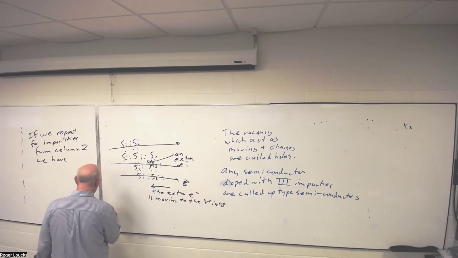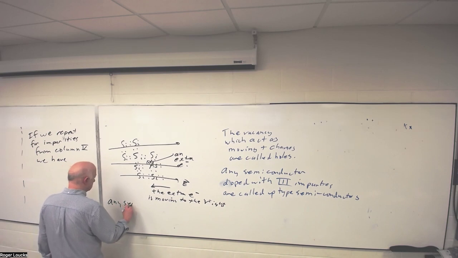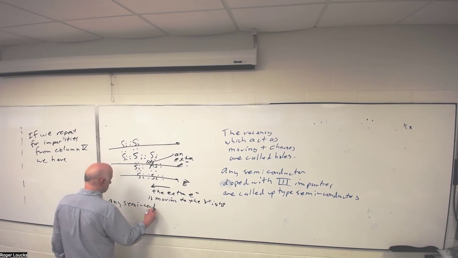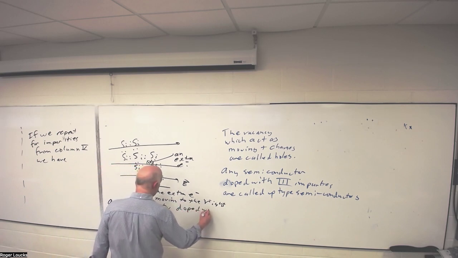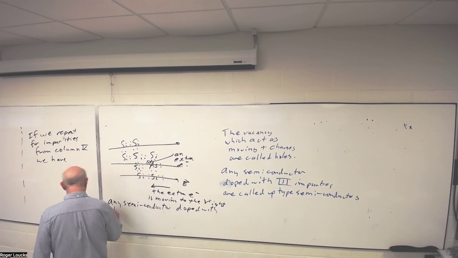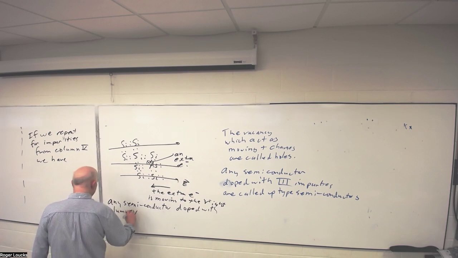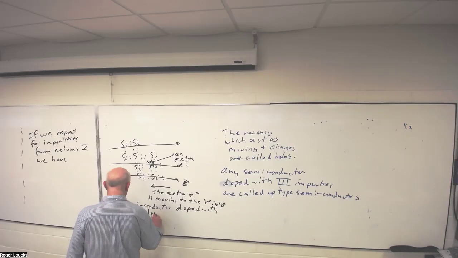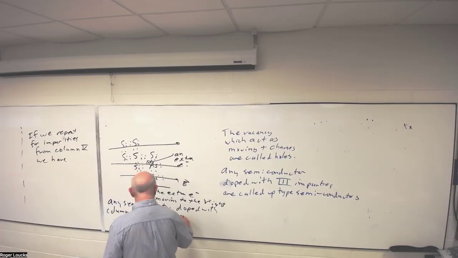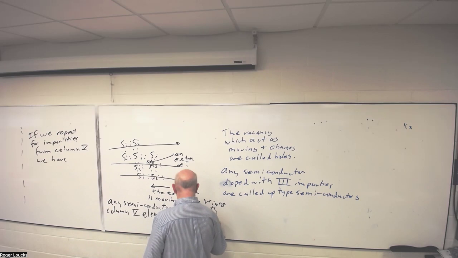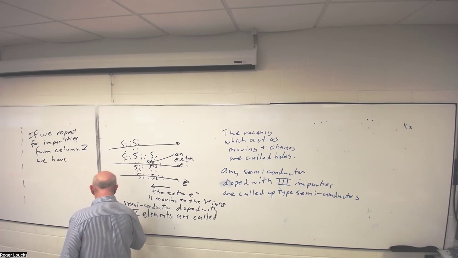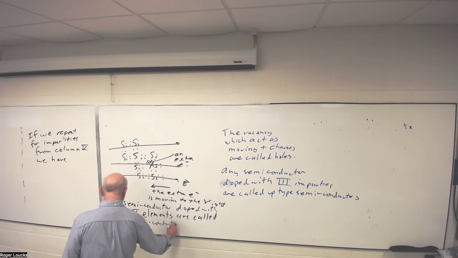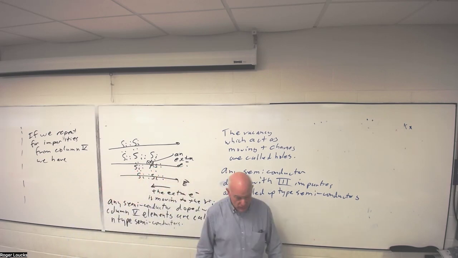So any semiconductor doped with column 5 elements is called an n-type semiconductor. Yeah, that's what you have.